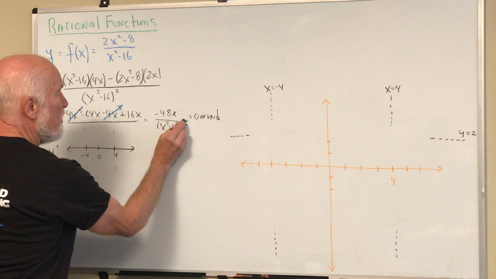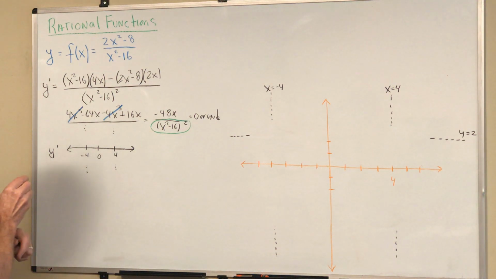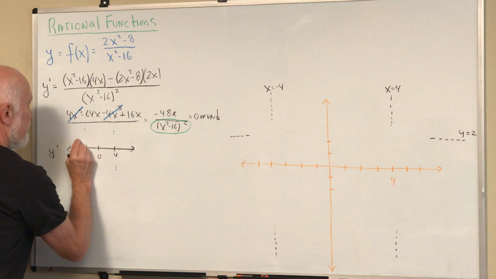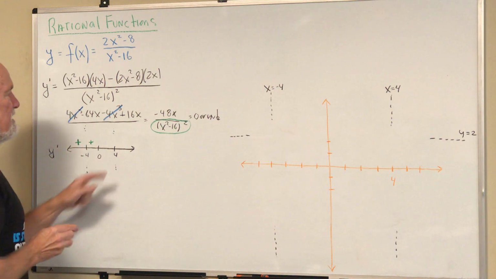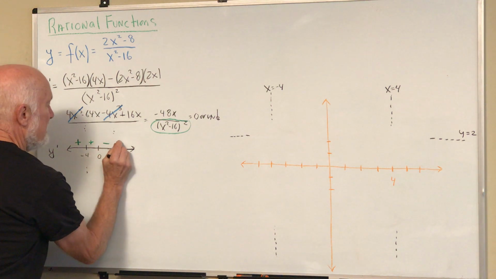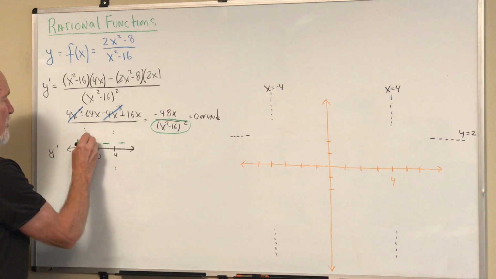The nice thing to know is the denominator is always positive because it's squared. So if I pick a negative value of x, I'm going to get a positive. And if I take a positive value of x, I'm going to get a negative value. So you can see the only place that the derivative changes signs is right here at 0.